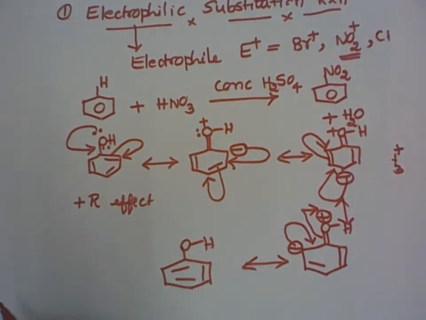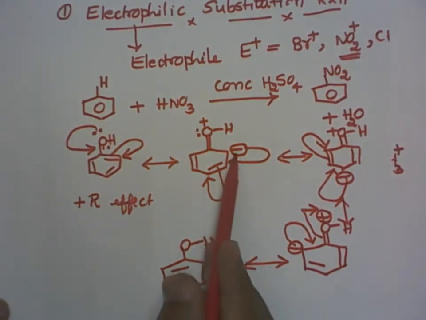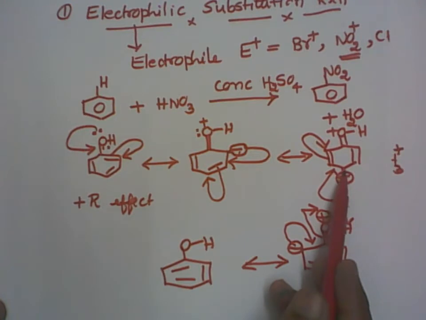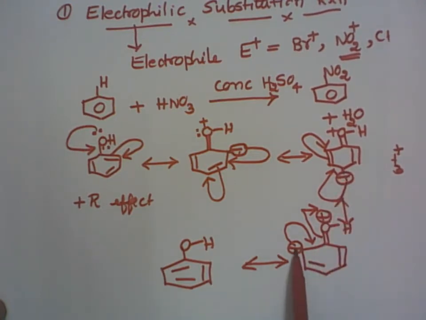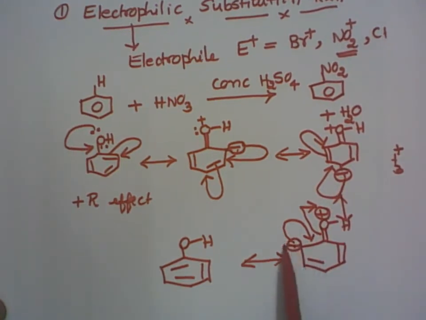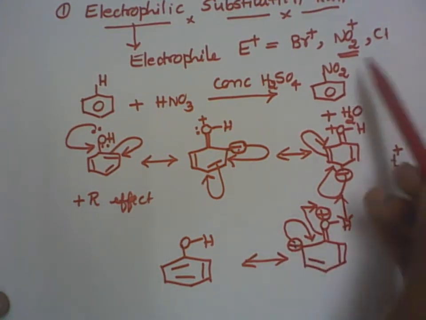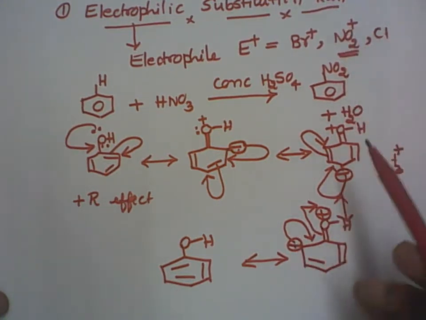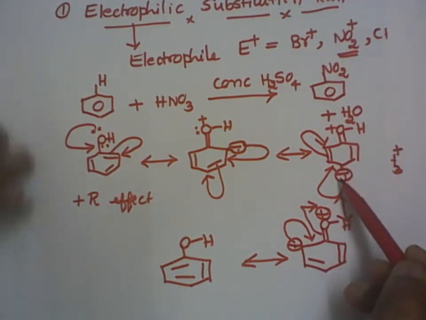Now see here, the negative charge is there on which position? Okay, ortho position. This is the ortho, you know that. This is the para, this is the ortho. Negative charge is in the ortho and para positions. Therefore, electrophiles, positively charged species, can attack only the ortho and para positions.